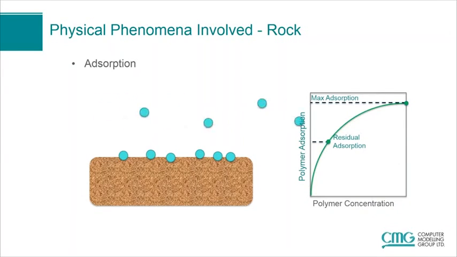And then when polymer injection is stopped, you'll come down to a residual adsorption level, which may or may not be close to the initial adsorption value. So this residual adsorption could give you additional mobility control effects.